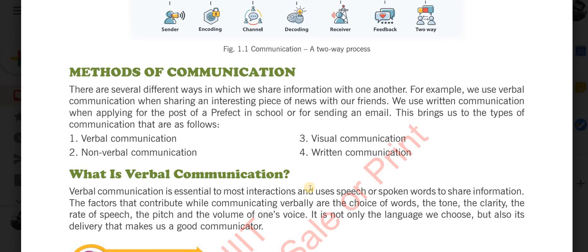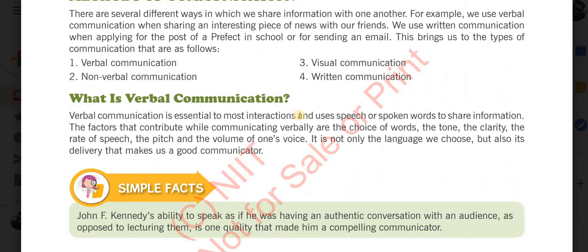Verbal communication is essential to most interactions and uses speech or spoken words to share information. It is the thing we use the most. As I am doing right now, I'm communicating verbally with you. I'm saying something and you are listening. That is verbal communication.